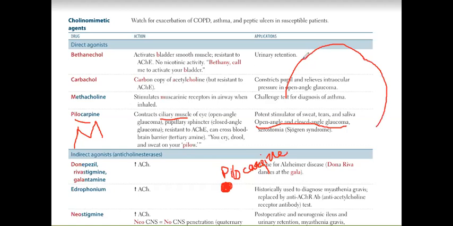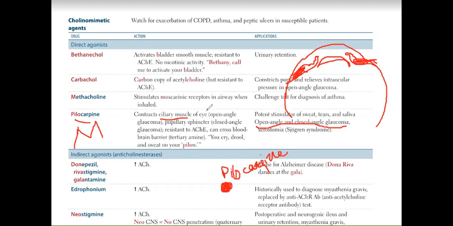This is the cornea, this is the eyeball, and here you have this lens. At this particular level you have this iris, and that iris is joined to the ciliary muscles. So these are the ciliary muscles over here and over here.